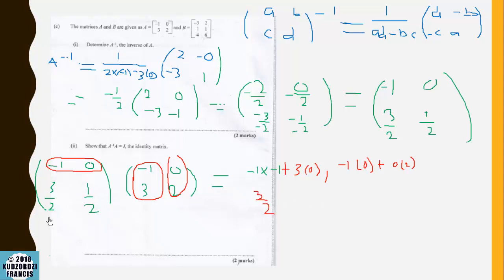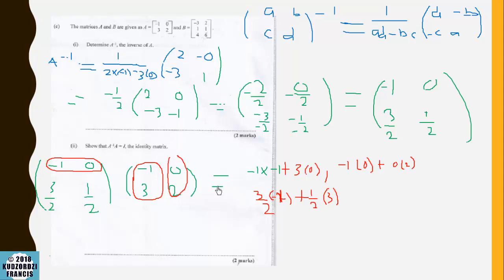Then we have 3 over 2. This time you're going to the second row of the first matrix times negative 1, plus 1 over 2 times 3. So 3 over 2 times negative 1, then plus 1 over 2 times 3.